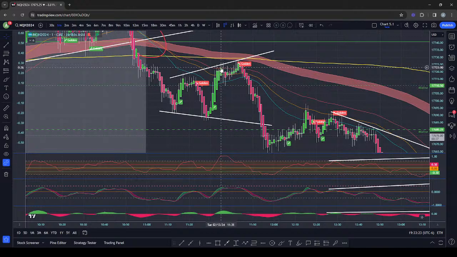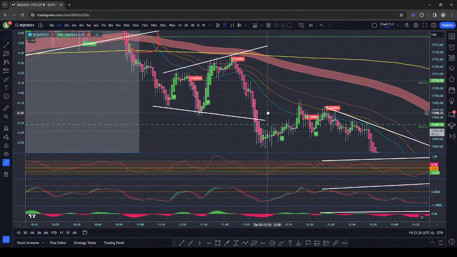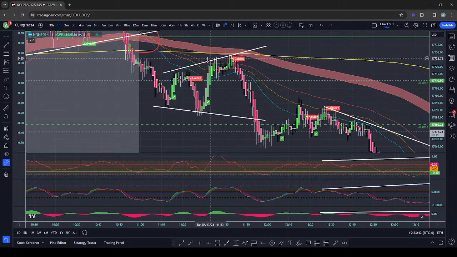Plus in this case, if you look at the whole pattern, it's a broadening pattern right in here, and a small breakout to the bottom, but this thing has just taken off to the downside to begin with. But even before this happened, right up here, we have a nice bearish divergence.